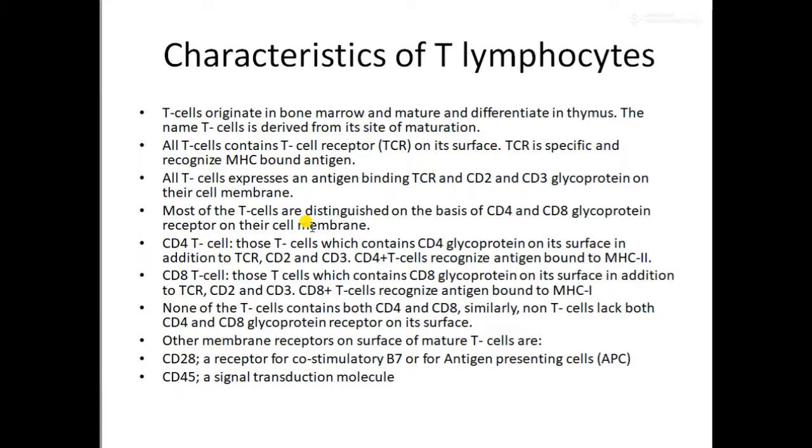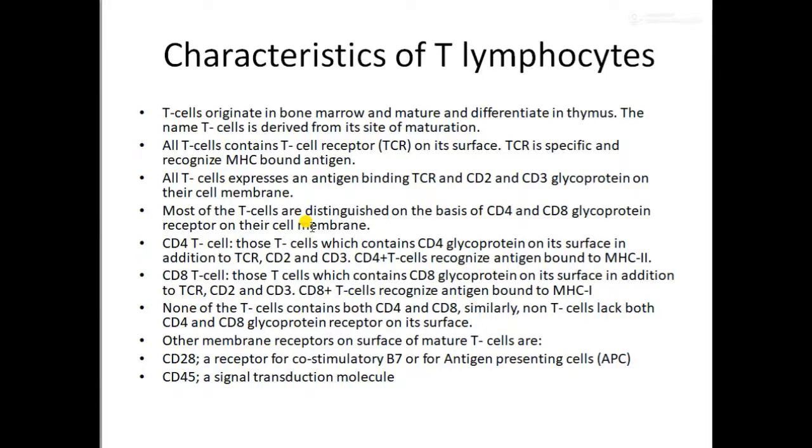Now you might think, what is this CD4, CD8 and all that? On the surface of T cells, there are certain glycoprotein molecules or receptors, and based upon their type, we name them differently. Most T cells have CD4 and CD8 glycoprotein receptors on their cell membrane.